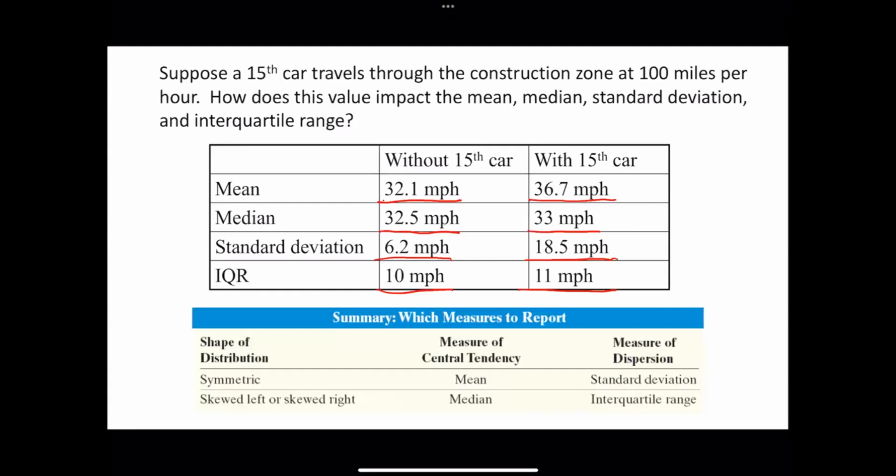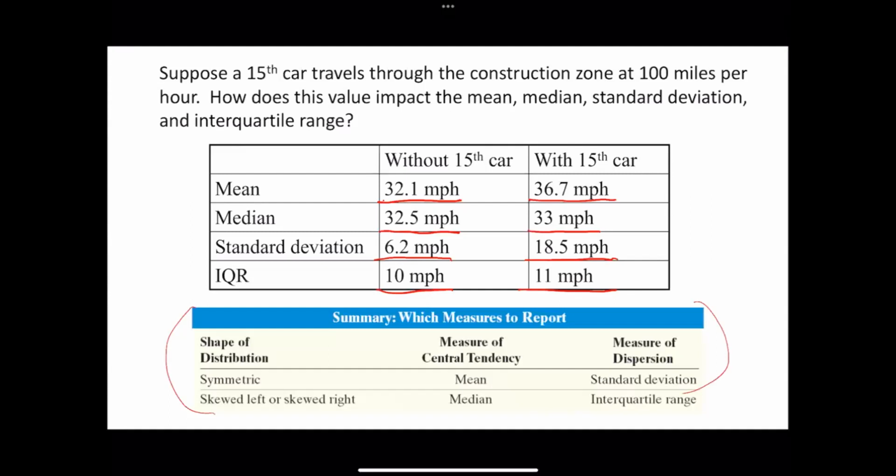So that barely changed. When our data doesn't have outliers, mean and standard deviation are great. But as soon as you start throwing outliers into the mix, sometimes the median is the way to go. So this is kind of a when-to-use-each. If you are making that decision instead of somebody else, and you have a nice symmetric distribution, go with mean and standard deviation.